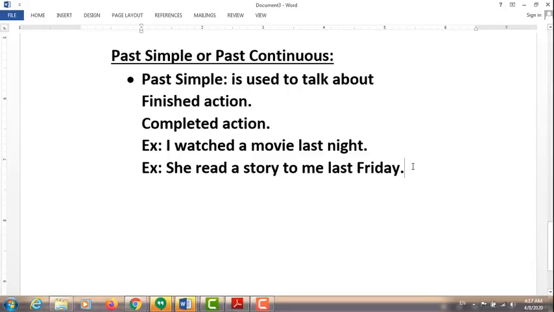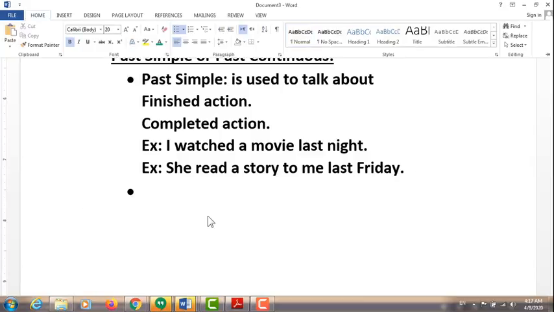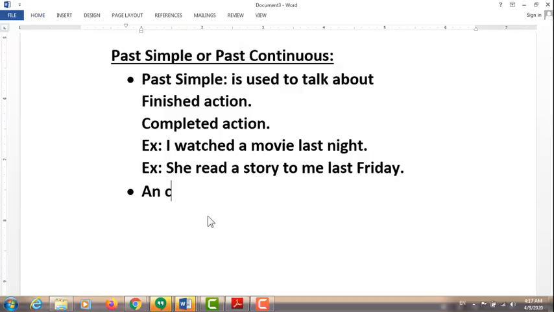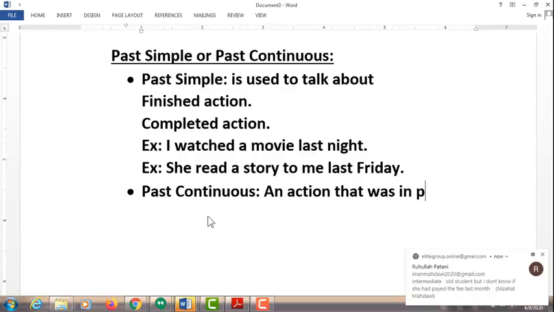That's it. But when I say past continuous, okay, past continuous, it says an action that was in progress in the past.